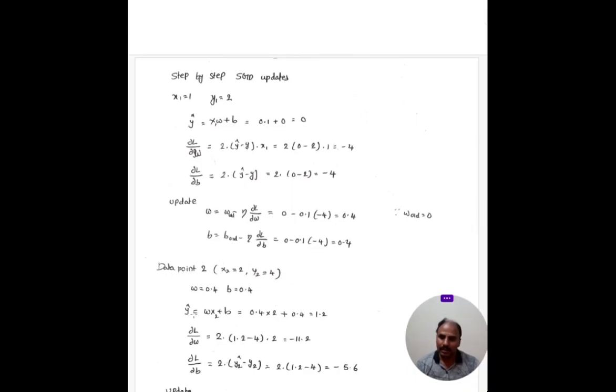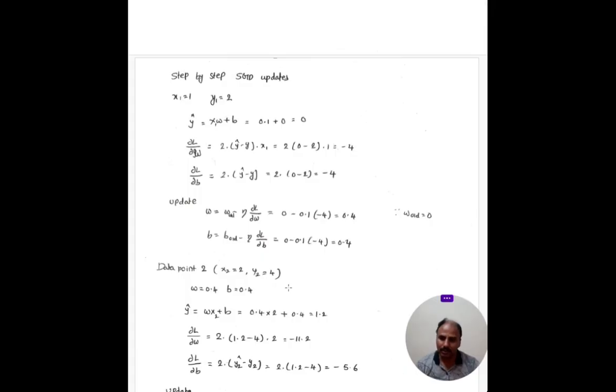In the second input, x2 equal to 2 and the actual output y2 equal to 4. Now the weights are already modified, that is w equal to 0.4 and b equal to 0.4. Again we repeat the predicted model, w x2 plus b. After substituting 0.4 and x2 equal to 2, you get 1.2. So 1.2 minus 4, again there is a huge difference, therefore the loss is very high.